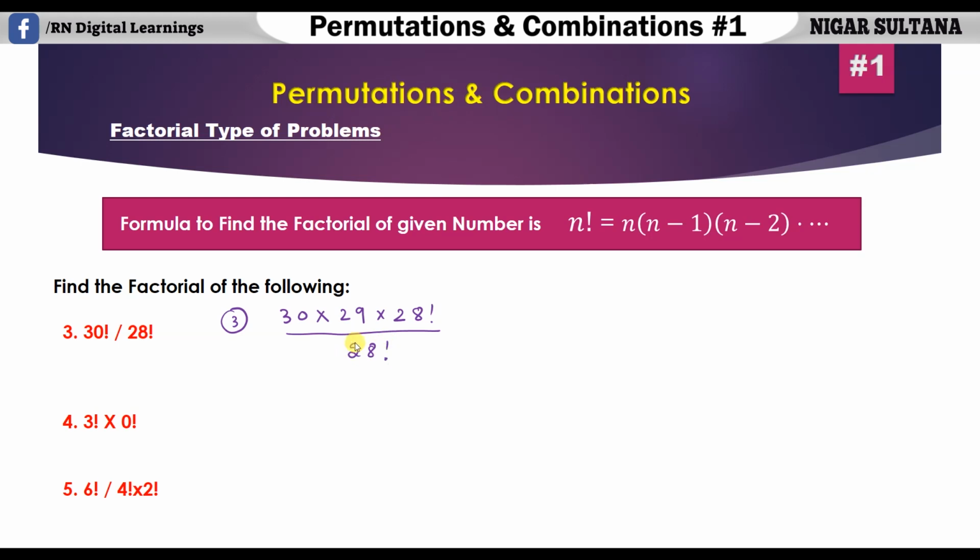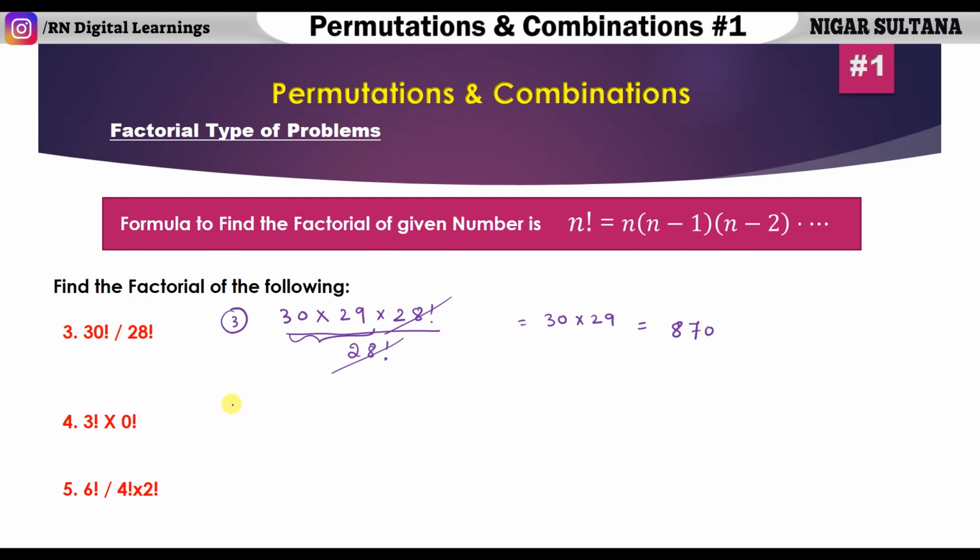Here we have 28 factorial, so directly we can cancel 28 factorial and 28 factorial. So the remaining is 30 into 29. What is 30 into 29? When we multiply these two terms, we will get 870.